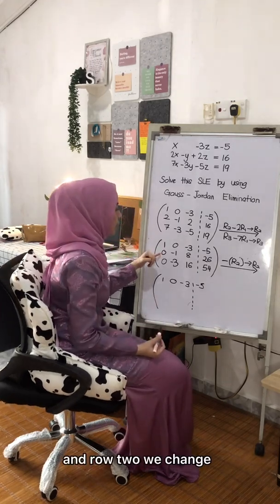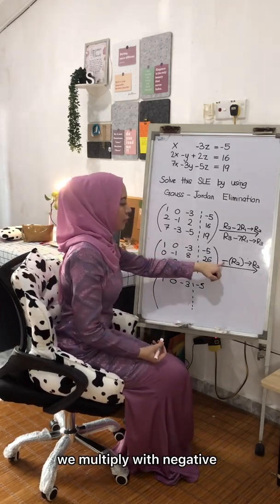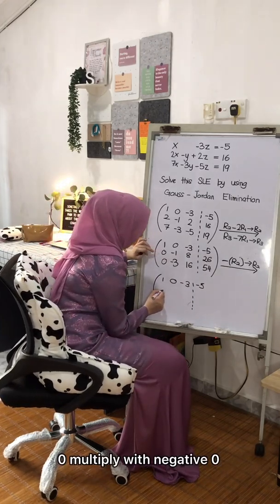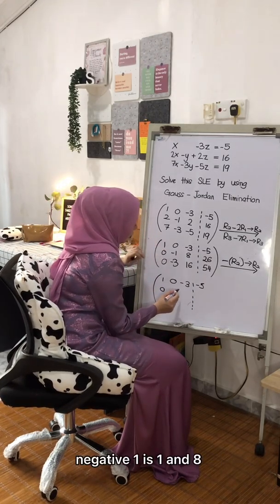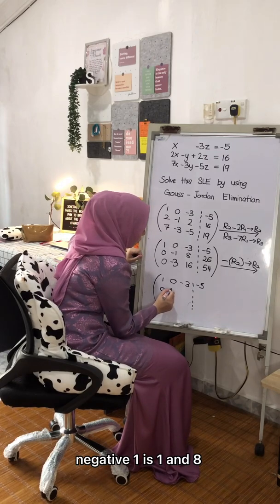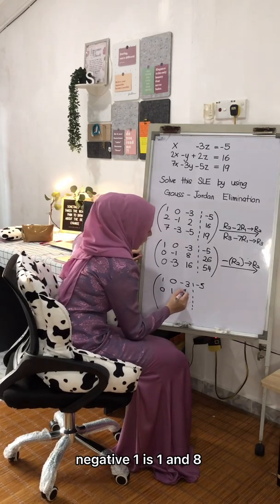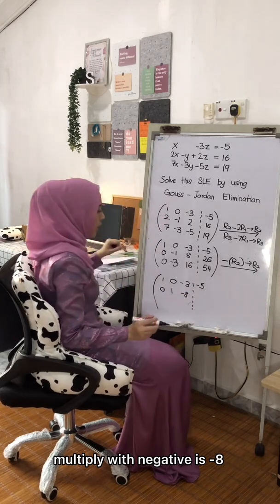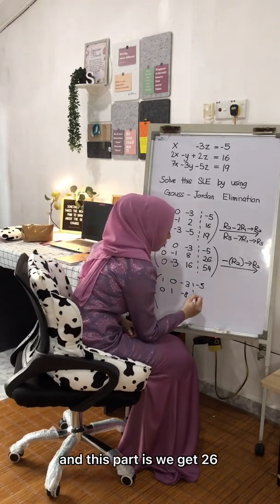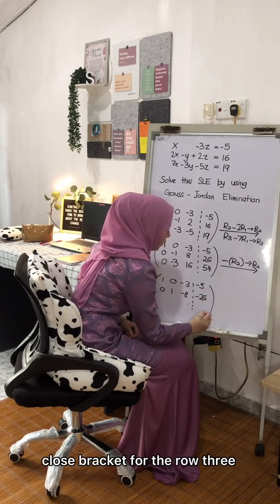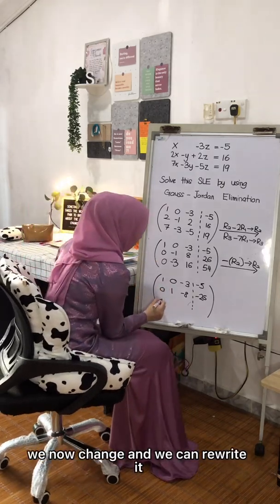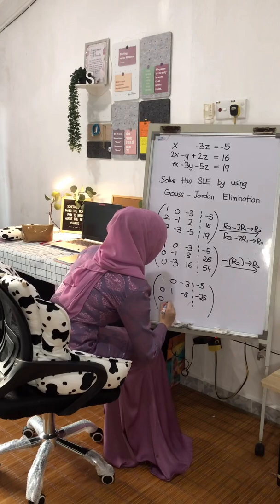And row 2, we multiply with negative. Negative 1 is 1, and 8 multiplied with negative is negative 8. And this part we get 26. Close bracket. For row 3, we do not change and we can rewrite it like this.